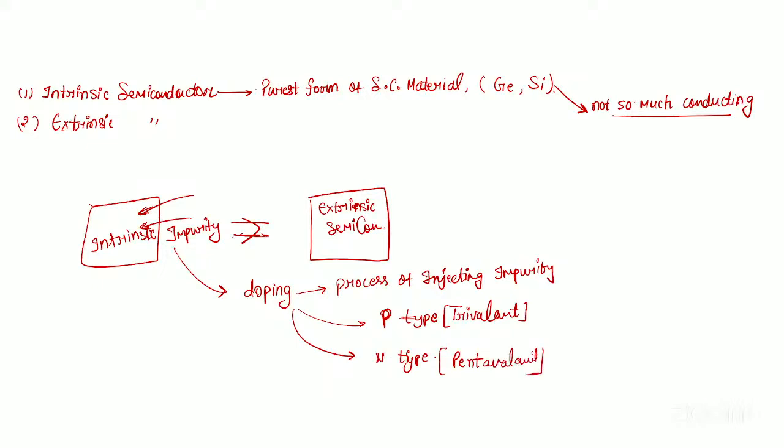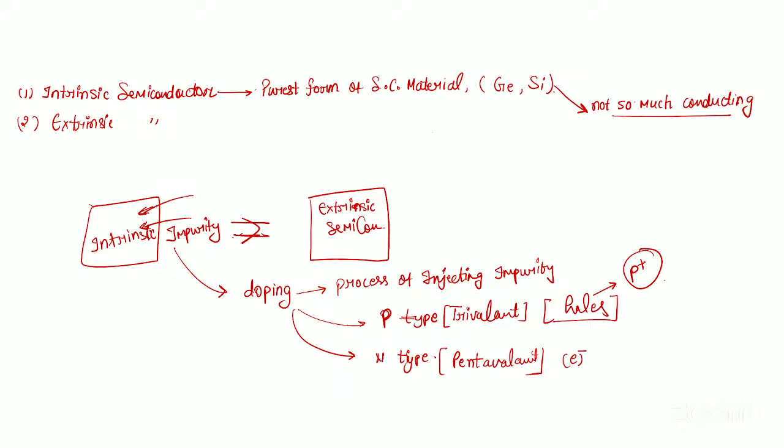So if a question comes, what is the major charge carrier in a P type or N type semiconductor? In an N type semiconductor, the major charge carriers are electrons, and in a P type semiconductor, the major charge carriers are holes. Holes we also denote as positive charge. Got it?